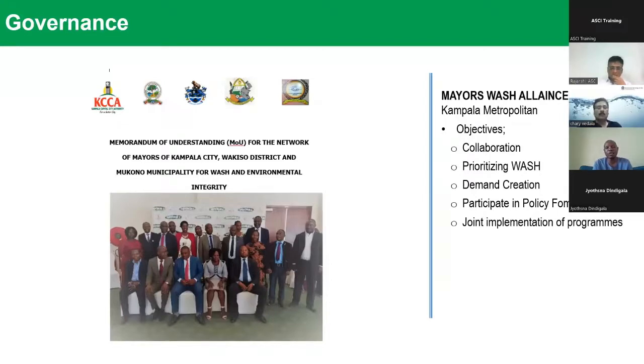That's how we structured an enabling memorandum. These mayors were champions, and they were able to participate in some of our technical discussions. We could also share a number of innovations that could be tested. Next.